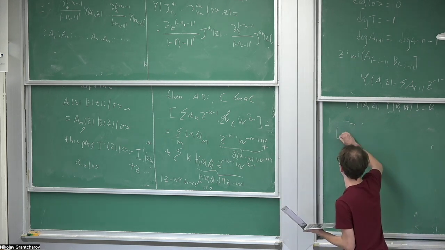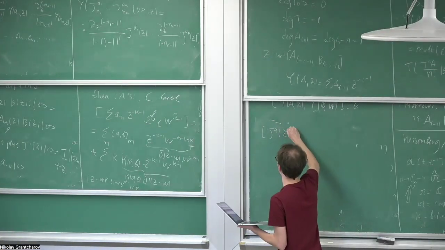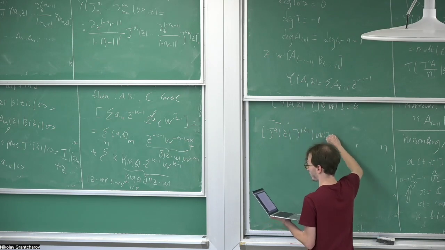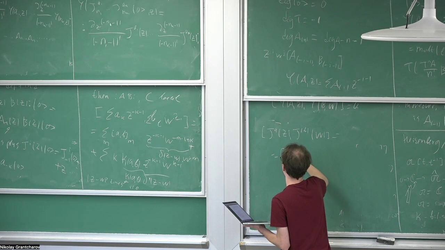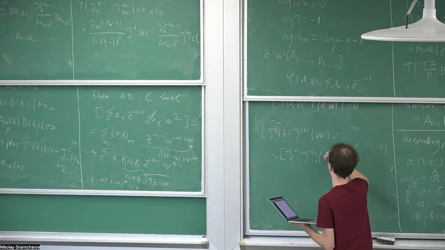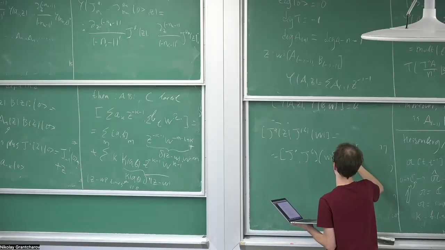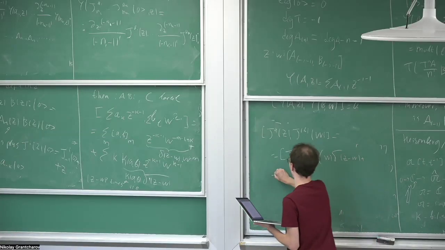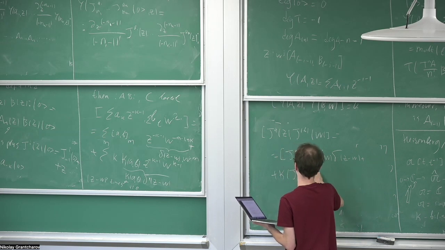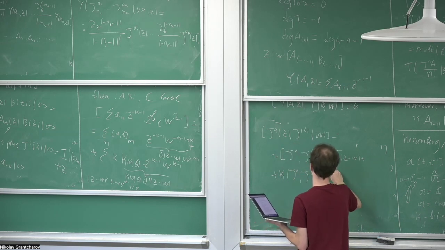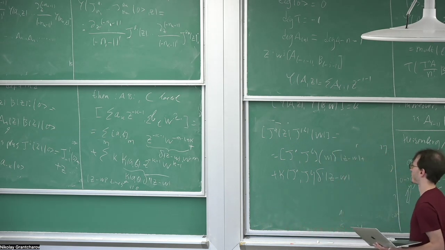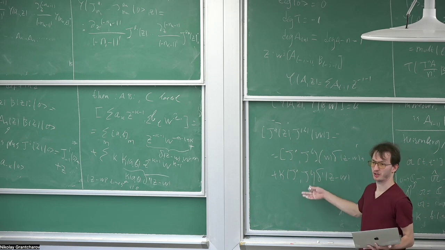So what I've just computed is that for primary fields, the commutator of GA(Z) and GB(W) is GA, GB of W delta Z minus W plus alpha GA, GB delta prime Z minus W. And this is closely connected to the operator product expansion.